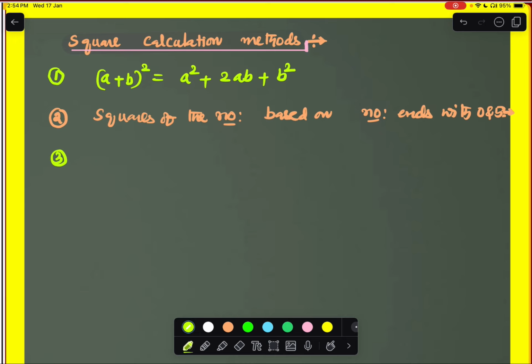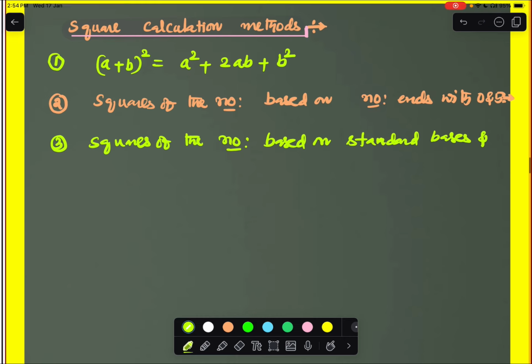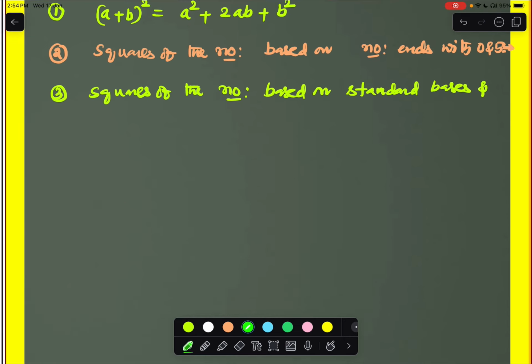And the third method: squares of numbers based on the base method and the converted base method, the convenient base method. That is, based on standard bases and converted bases, meaning standard bases and multiples of standard bases.